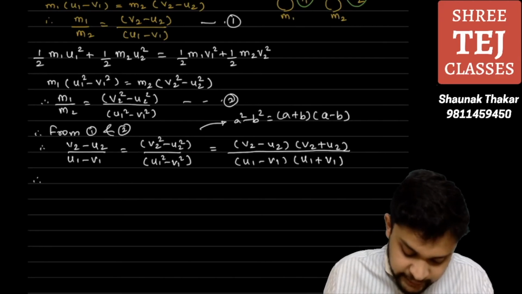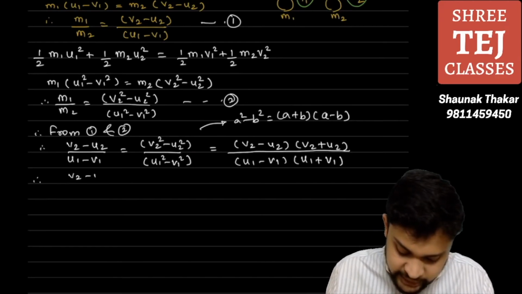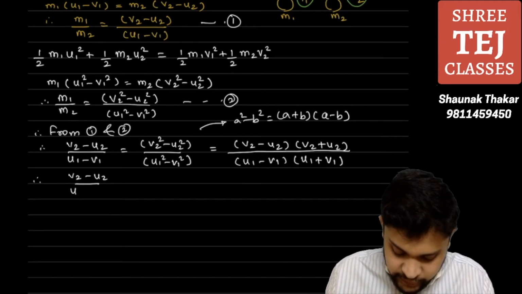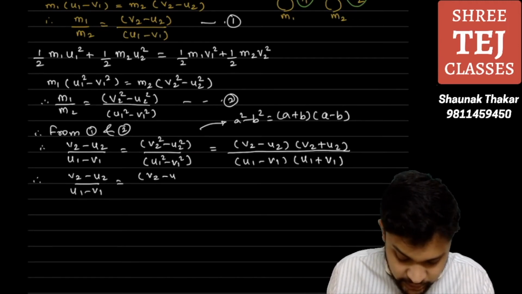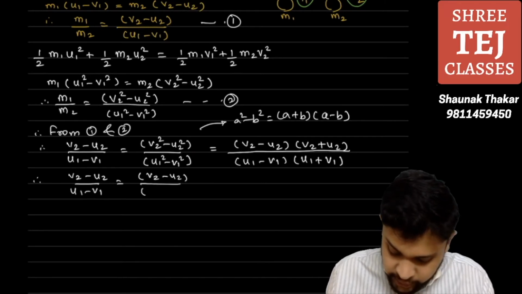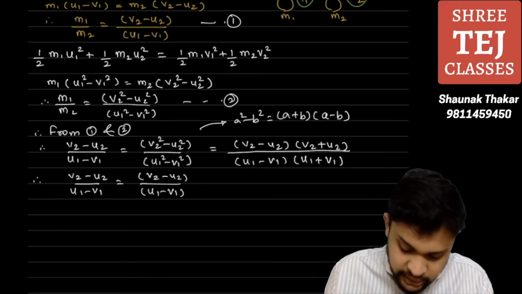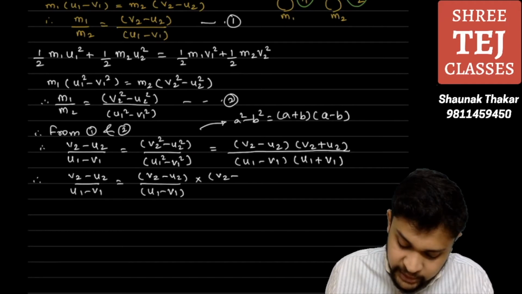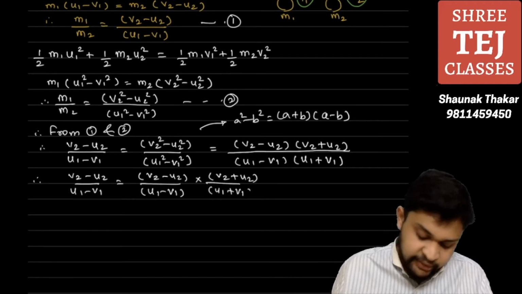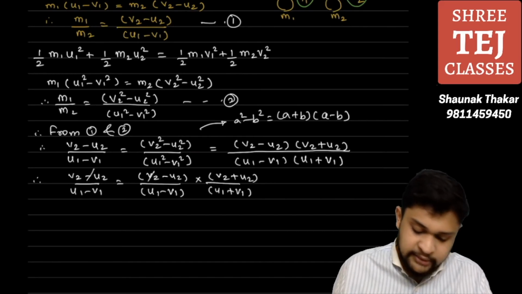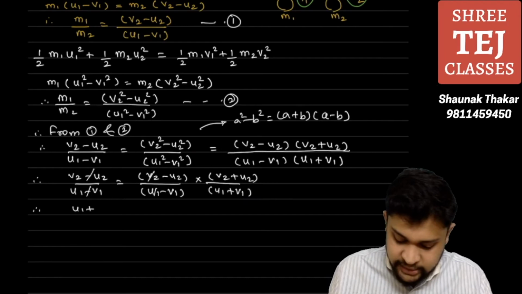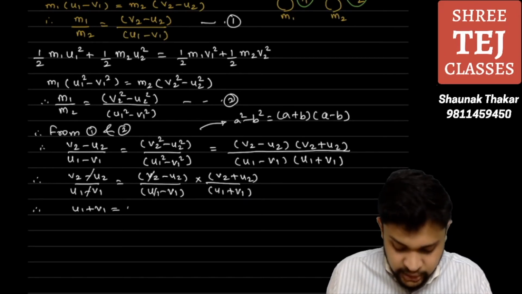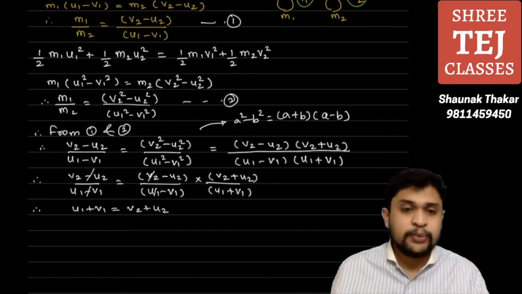Therefore (v2 − u2)/(u1 − v1) = (v2 − u2)/(u1 − v1) × (v2 + u2)/(u1 + v1). So these terms will get cancelled and therefore we will obtain u1 + v1 = v2 + u2.